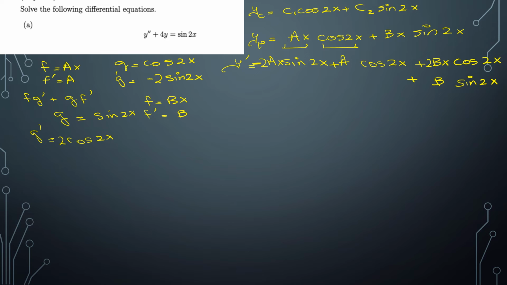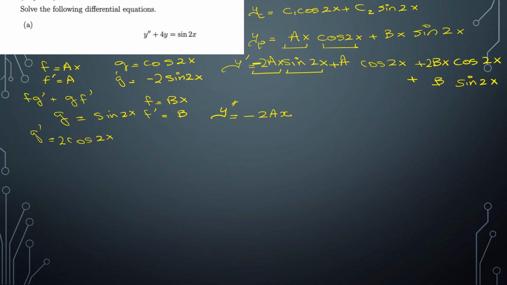Now take again the derivative, meaning the double derivative. Again here we will apply the product rule. So I am doing it directly. You can see here the derivative of f g prime plus g f prime. So I am writing here f, that is minus 2ax, g prime, that is sine 2x changes into cosine 2x times 2.